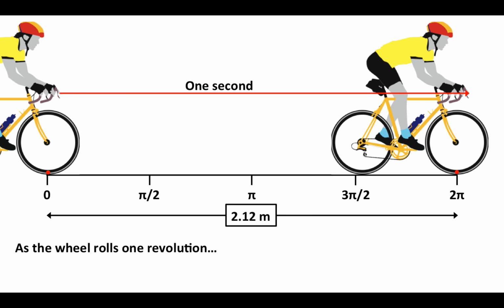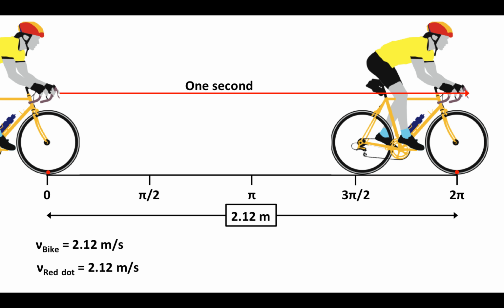As the wheel rolls one revolution, the velocity of the red dot is 2.12 meters per second. Hopefully, after all this, we can see these relationships: 2.12 meters is radius times 2 pi, and that's the circumference.